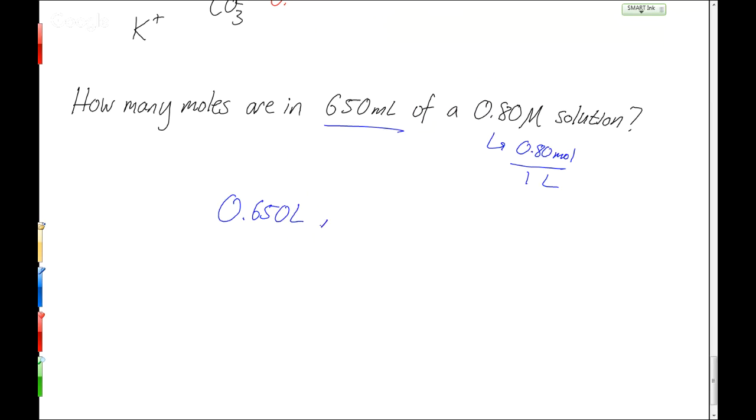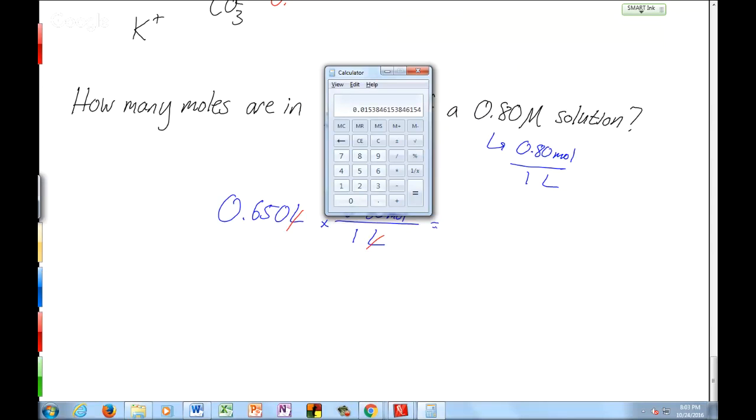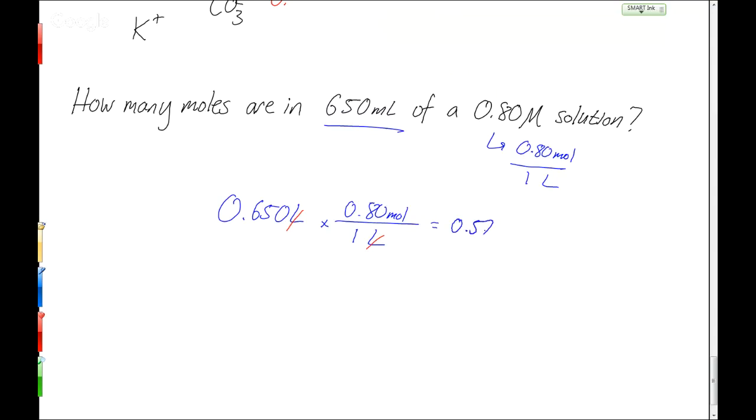Let me do this problem. How many moles are in 650 milliliters of a 0.80 molar solution? If you first convert milliliters to liters. So 0.80 molar means 0.80 moles per liter.